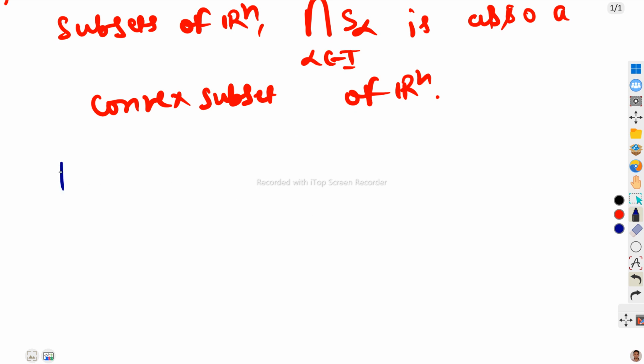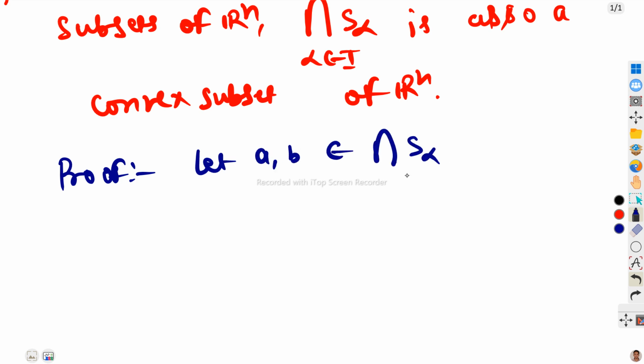The proof of this theorem is very simple. Let A and B be in the intersection of this family of sets, and lambda lies between 0 to 1.